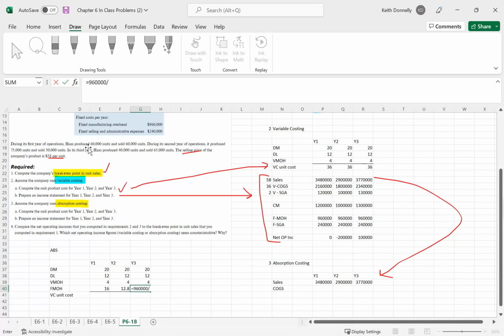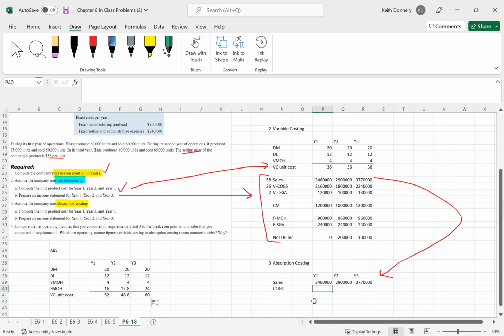We produced, let's see here, 30 or 40,000. Now we can add all of these together, the sum of those. Let me just double check this: 960 and in year 2 produced 75,000.